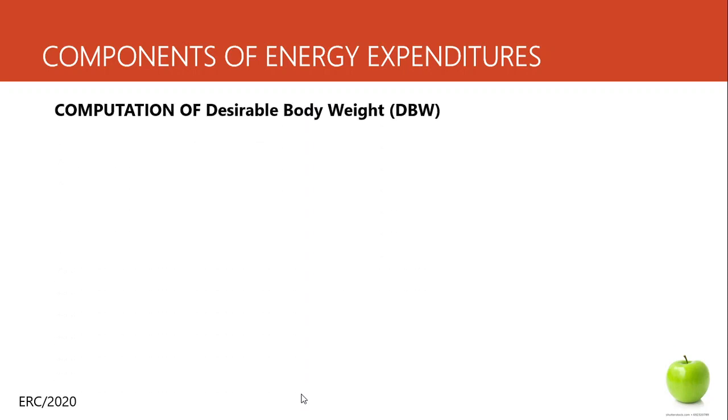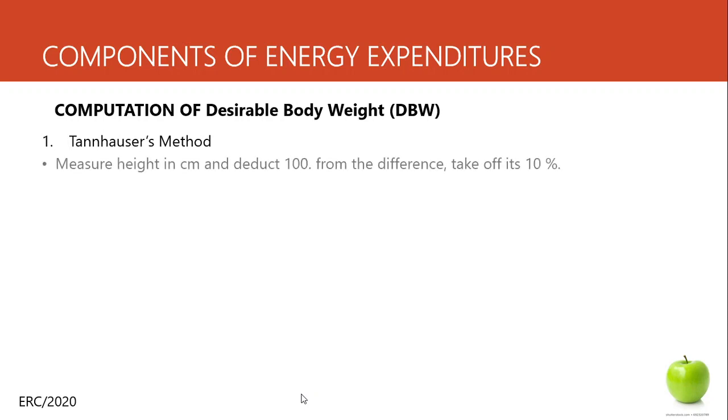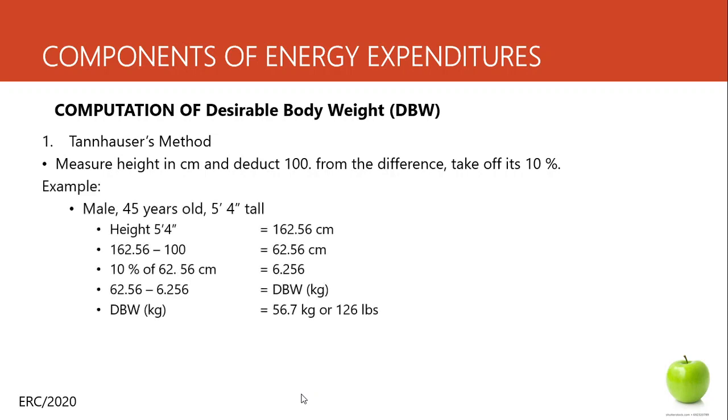Moving on. Another is the Tannhauser method. Measure the height in centimeters and deduct 100. From the difference, take off 10%. So example, for the male 45-year-old, 5'4" tall.